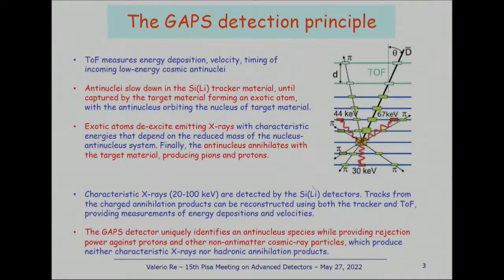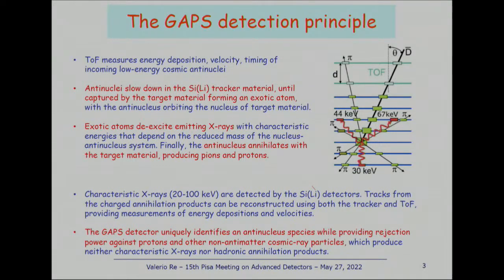First, a few words about the detection principle of this experiment. The incoming antinuclei first go through the time-of-flight system, which measures energy deposition, velocity, and timing. Then these antiparticles are slowed down in the Si(Li) tracker, where they are captured by the atoms in the target material, forming an exotic atom.